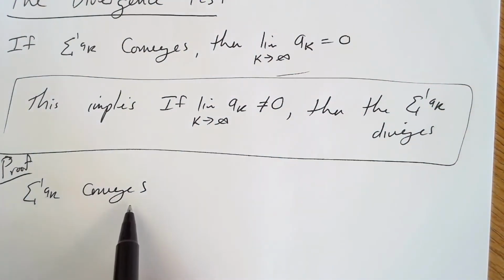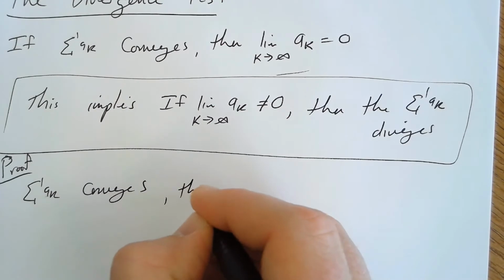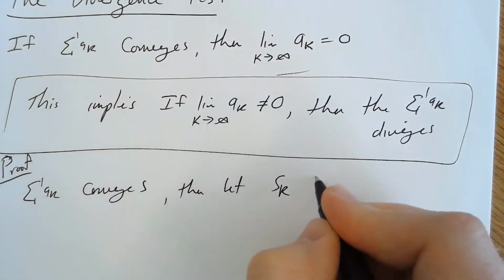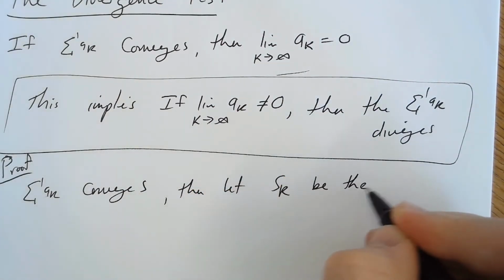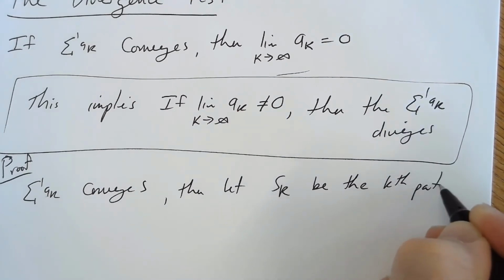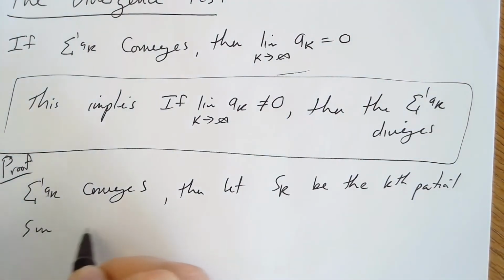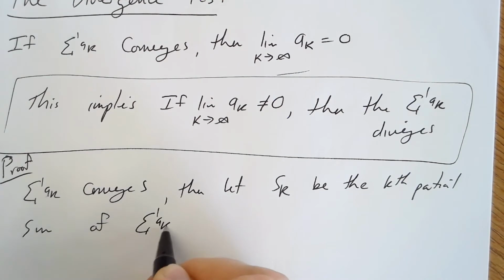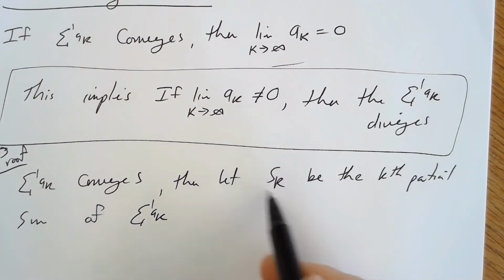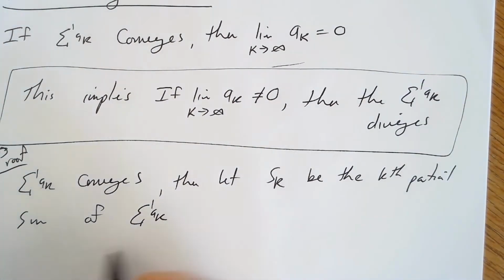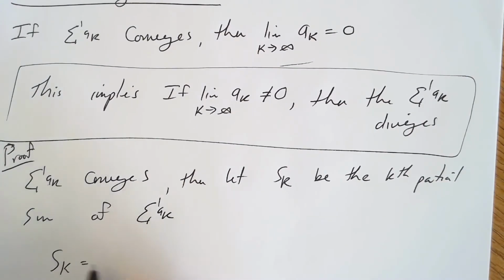So if this thing converges, then I'm going to let s sub k be the kth partial sum of the series a sub k. So s sub k is really equal to the sum of k equals 1 to k of a sub k.